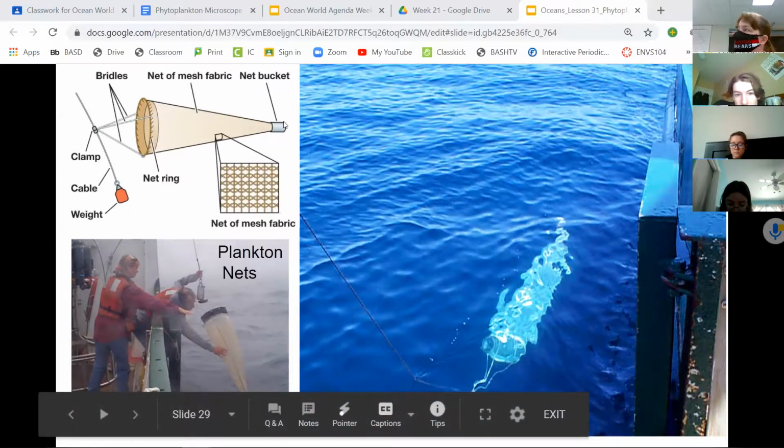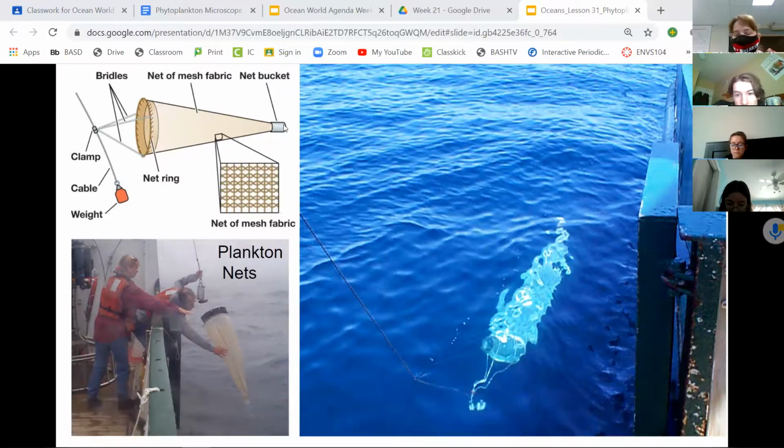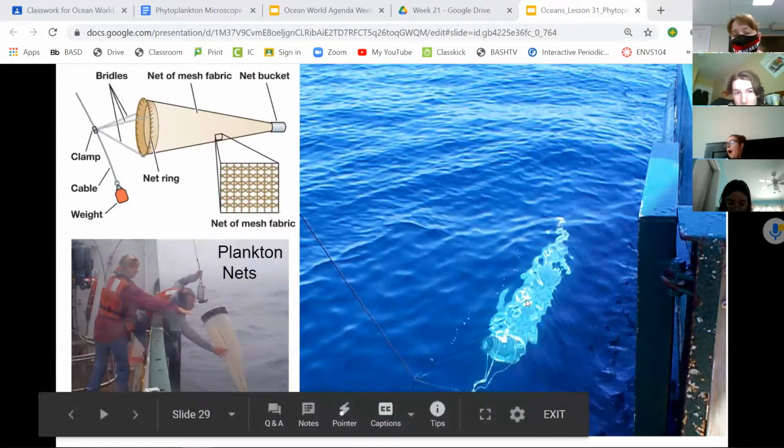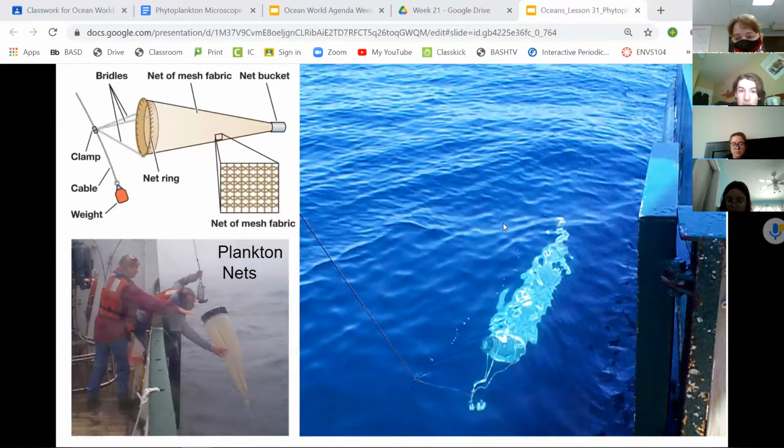And there's actually a little container at the back that will collect the actual solid material, which is your phytoplankton. So they can collect large numbers of phytoplankton to study this way. But you can also collect them the old-fashioned way, simply dropping in a water bottle and bringing it to the surface to collect. But that would be a less effective way to do it.